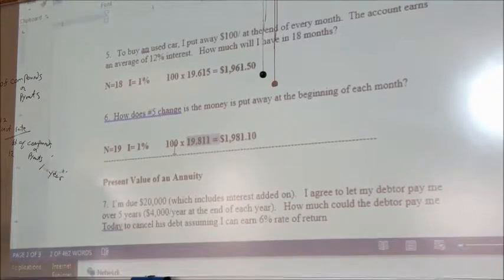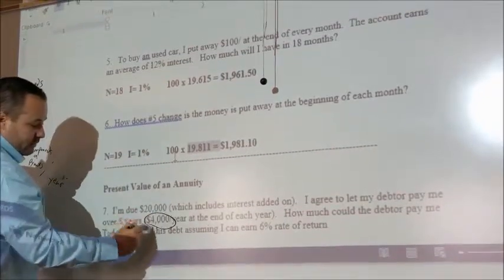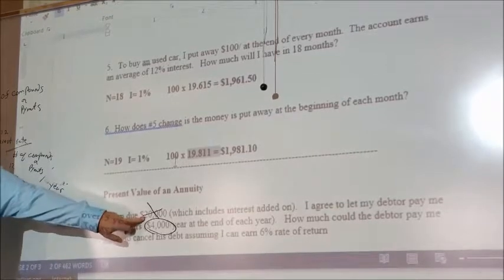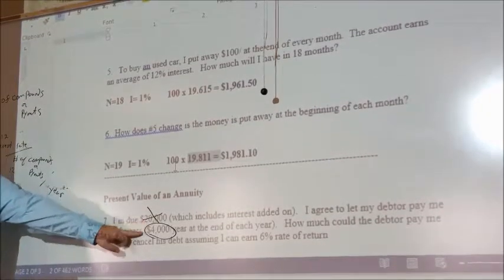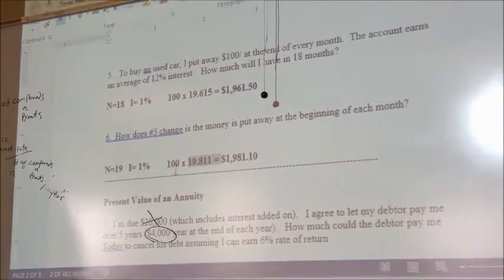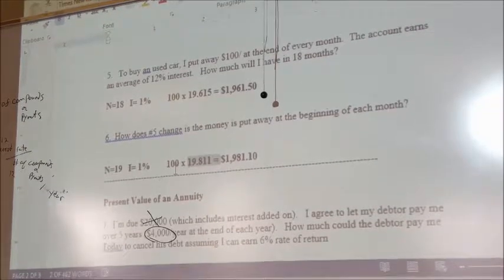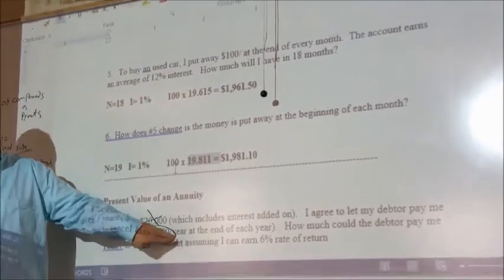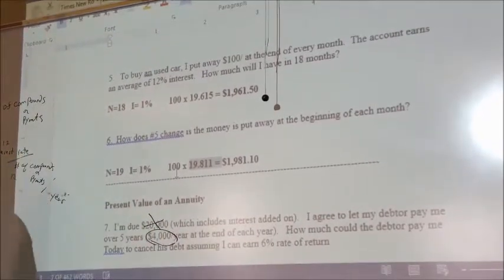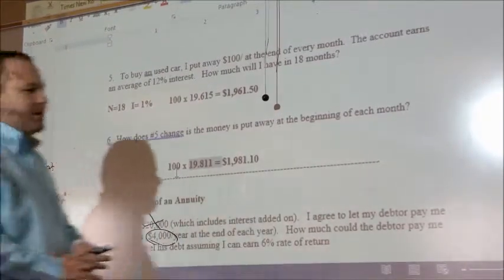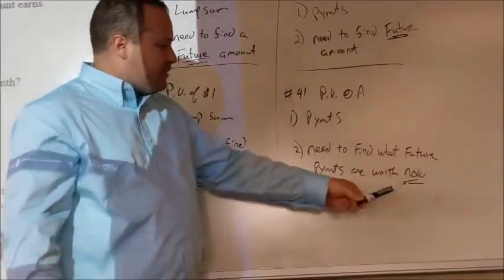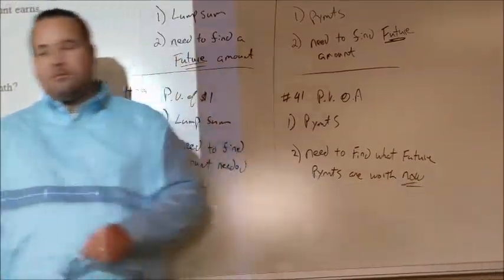Pay you 4,000. Yeah, this one. This is the number I'm going to use in the scenario. This one isn't really an option anymore. Once you give somebody the option to make payments, usually that's what's going to happen. So I'm now focused on payments, and I want to know what are all those future $4,000 payments worth right now?